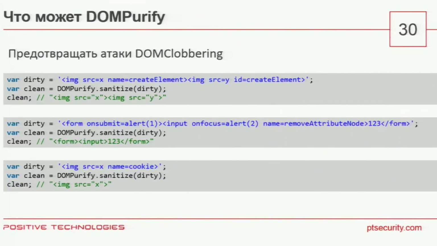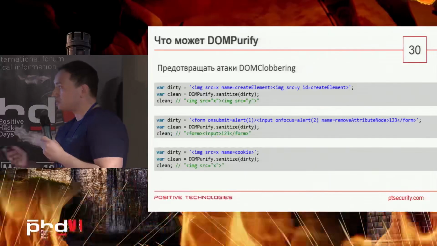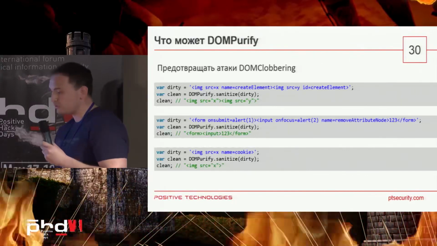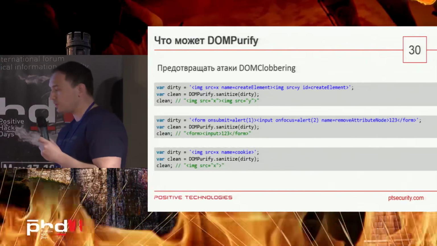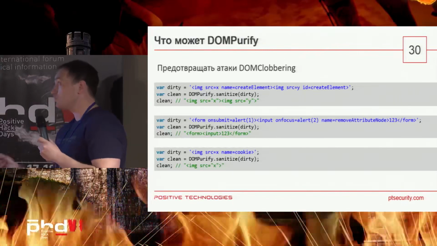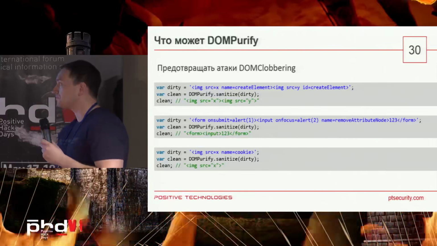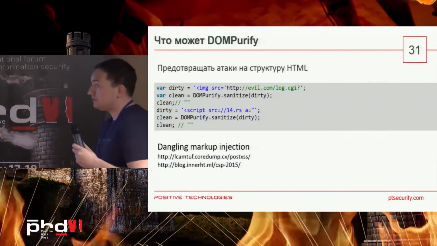Another important point. It allows to prevent DOM clobbering, which is an attack where an attacker can send to the application DOM elements, or can send to the function field names and so forth. In this case, DOMPurify will be blocking them.